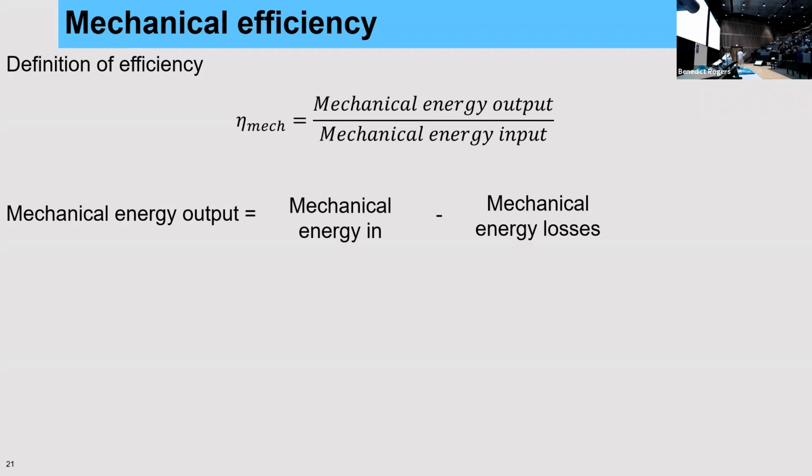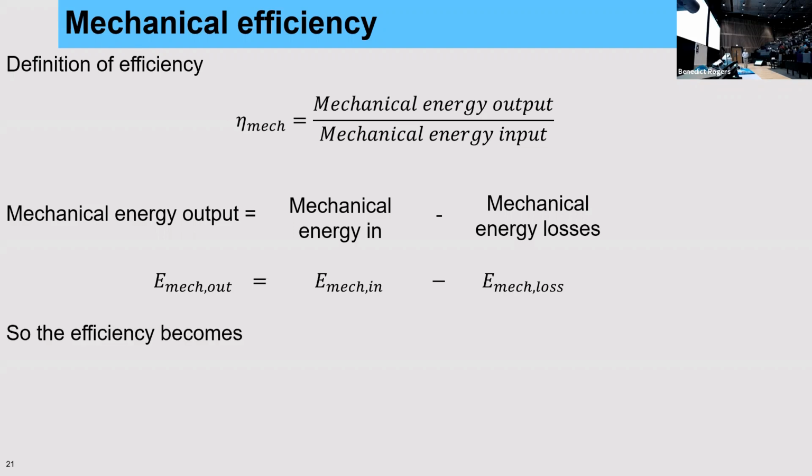The mechanical energy output is equal to the mechanical energy in minus the losses. That means the mechanical energy out is equal to the mechanical energy in minus the mechanical losses.